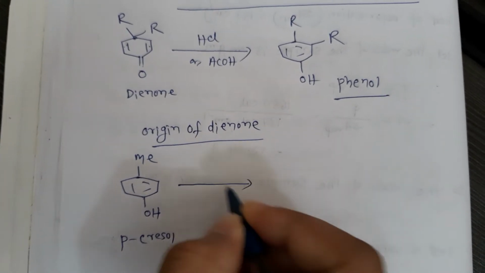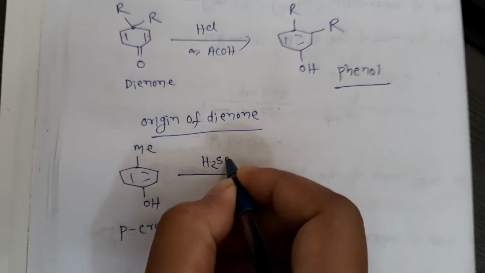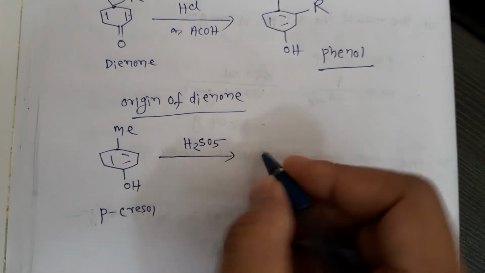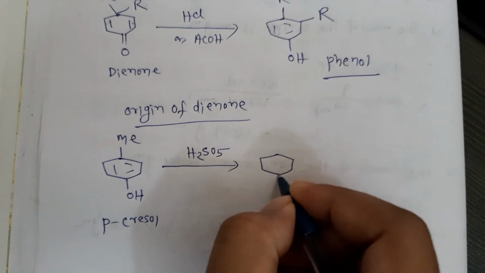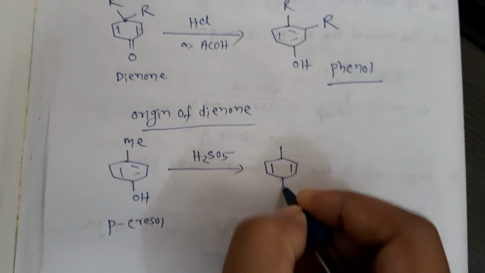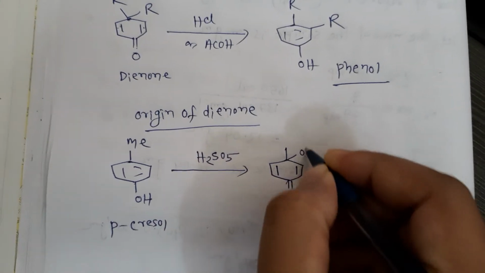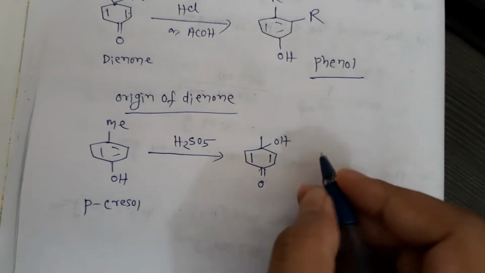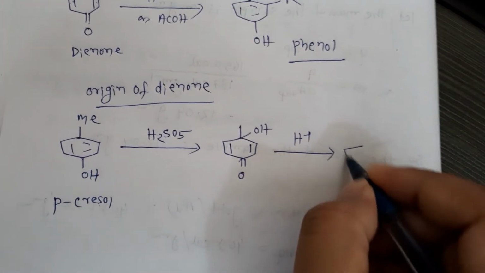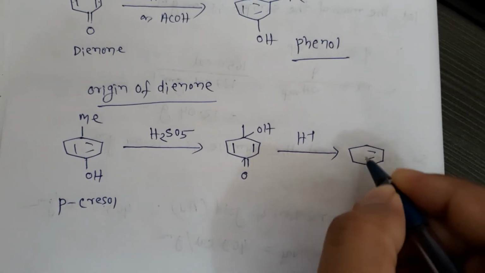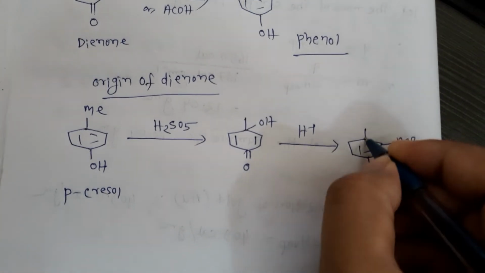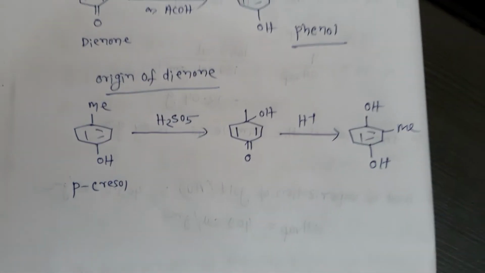In presence of Caro's acid, H2SO5, which is called Caro's acid, it will form this product, this dienone. Now if we give H plus to this dienone, it will form the phenol moiety. Here OH, here Me, here OH.